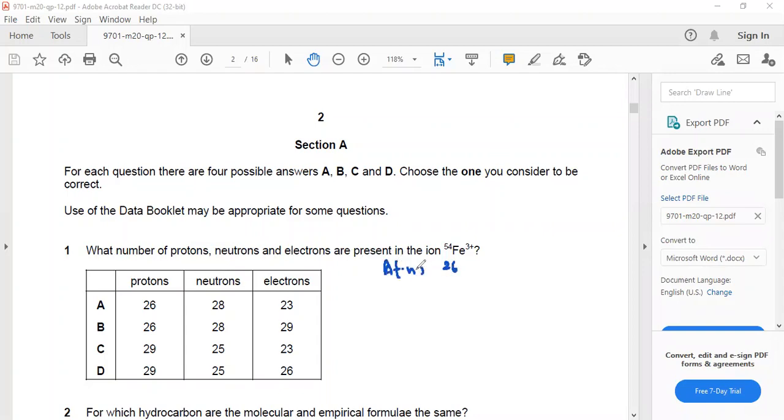Atomic number means number of protons. So eliminate the wrong options. So 26 protons, because 3+ means a deficiency of 3 electrons, so 23 electrons. A is the answer.